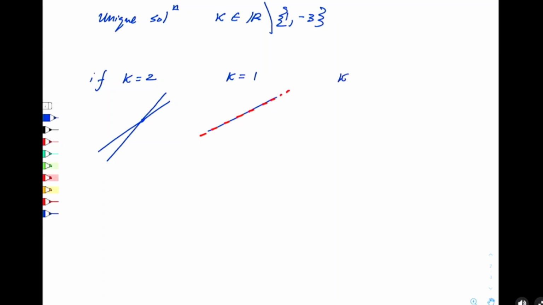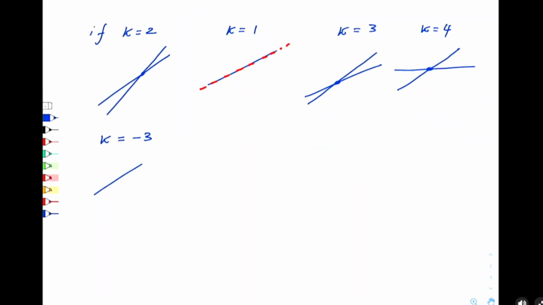If k is equal to 3, they are again like this. If k is equal to 4, again they are like this. Right? So when k is equal to minus 3, those two are like this.